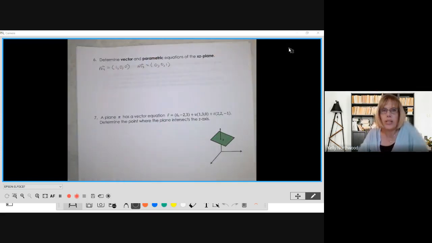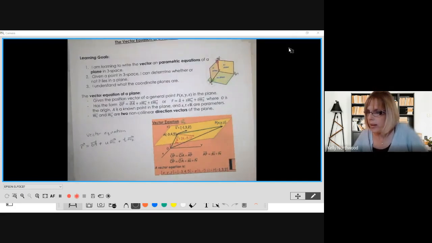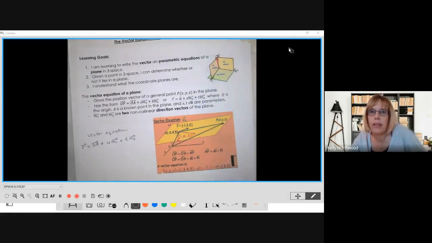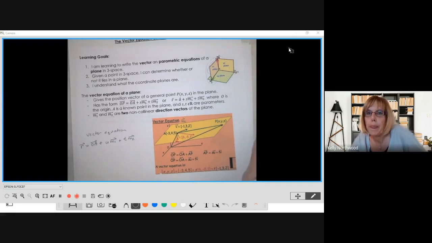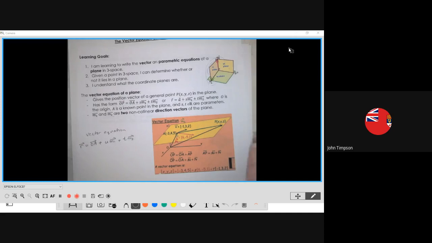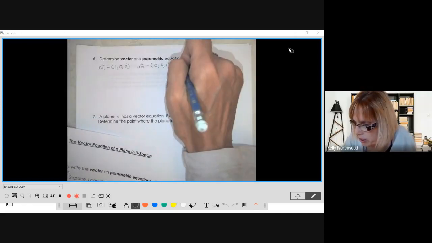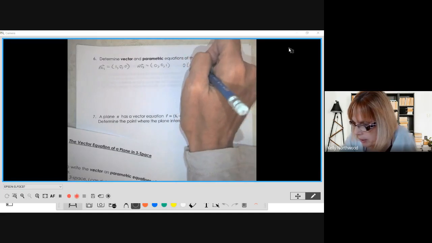So there's my 2 direction vectors. How about getting a point on this XZ plane? What would a point that's on this plane look like? You could for sure have 0, 0, 0. So we could choose the origin as our point.